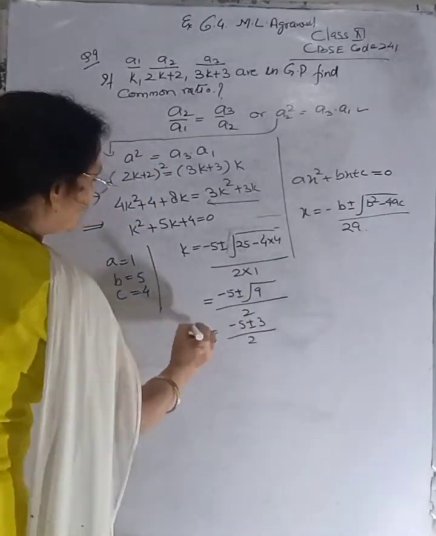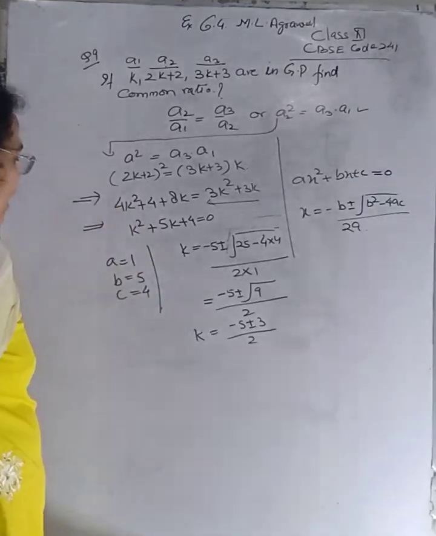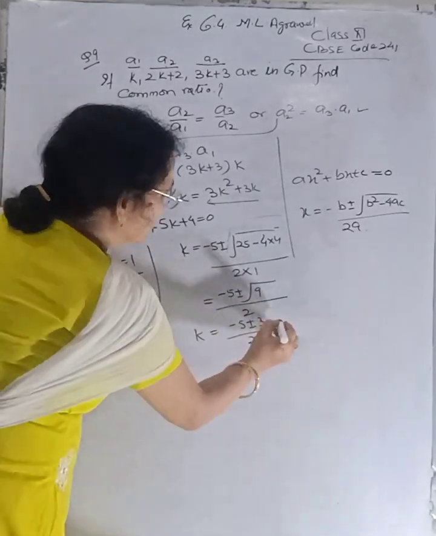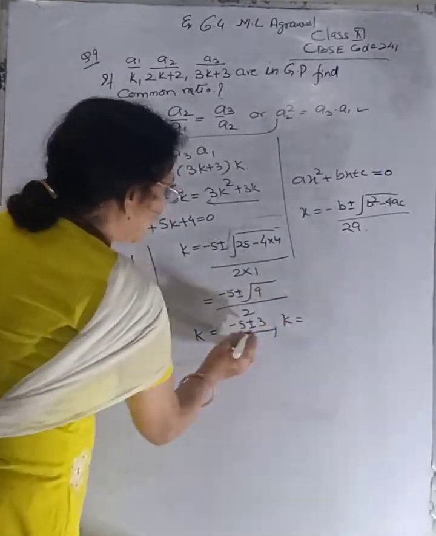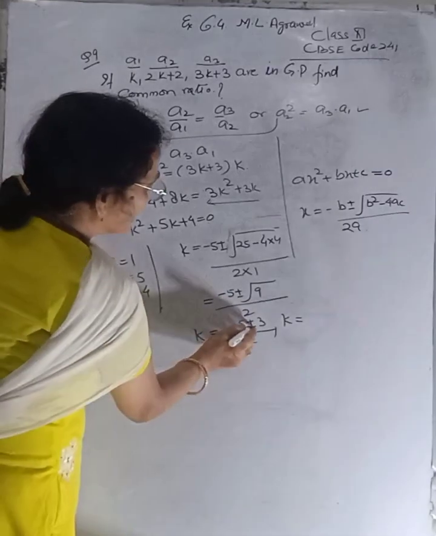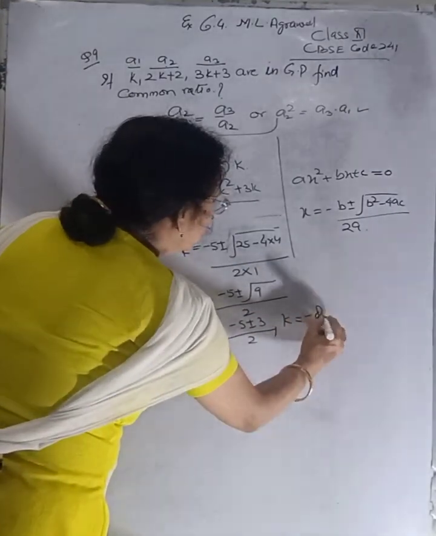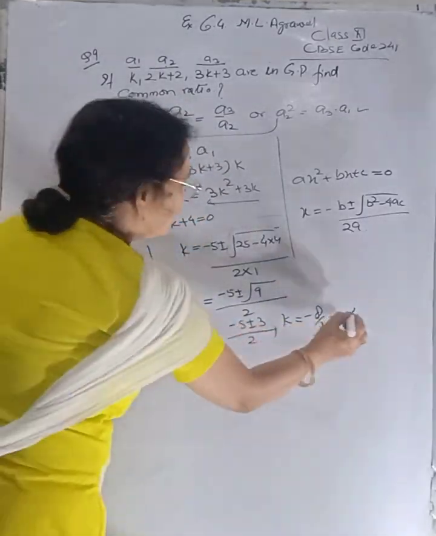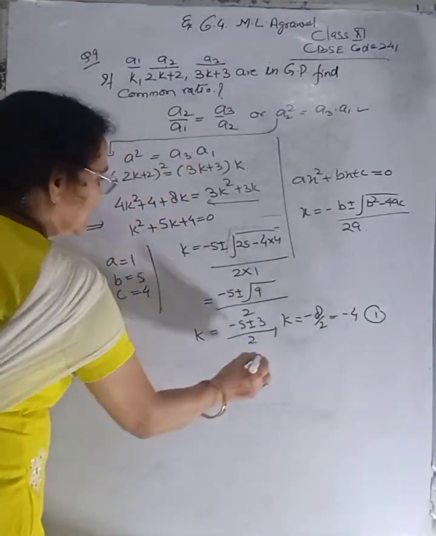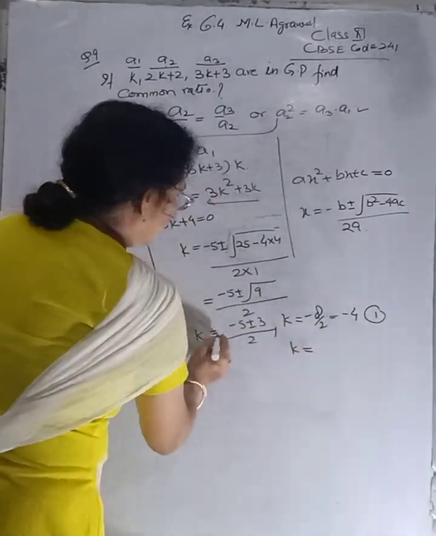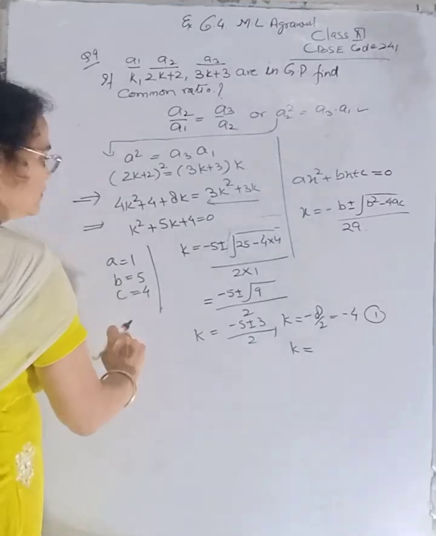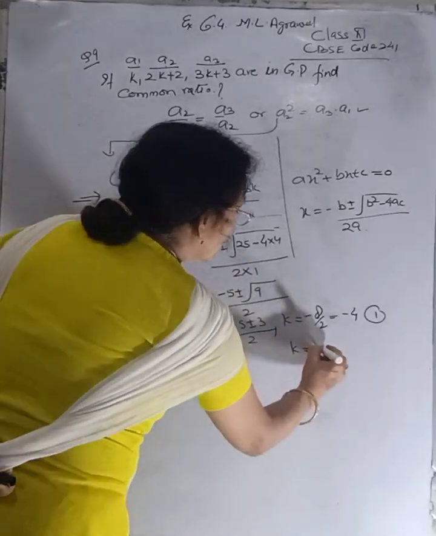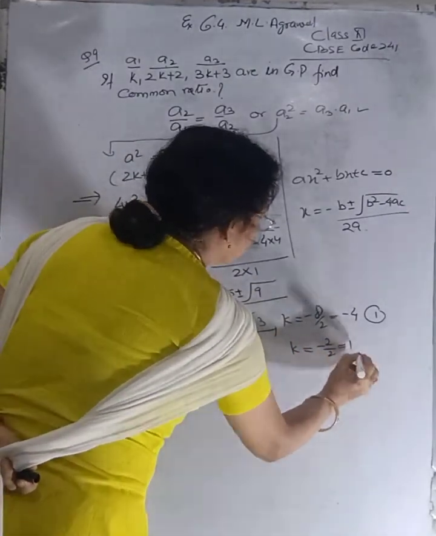It means there are two values of k, one after taking the positive sign and another with the negative sign. The value of k will be either -8 by 2, that is -4, which is the first value of k, or by taking the plus sign we get -2 upon 2, that is -1.